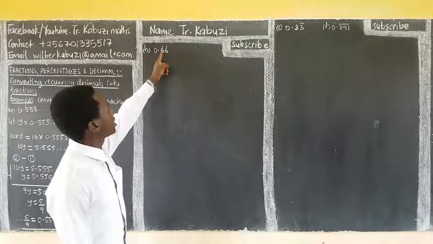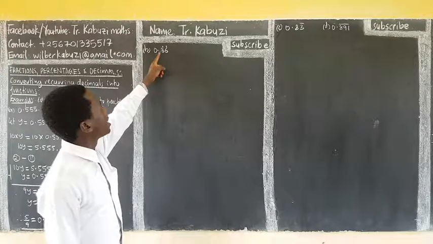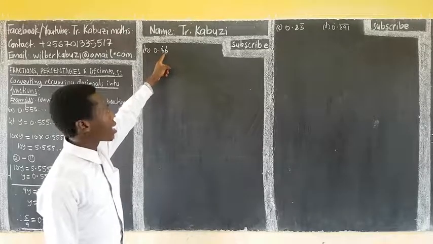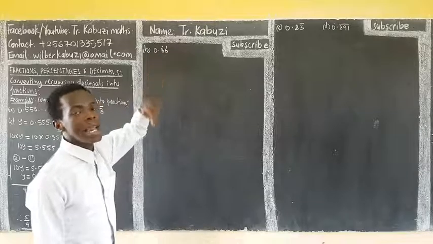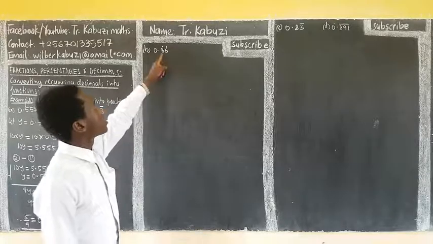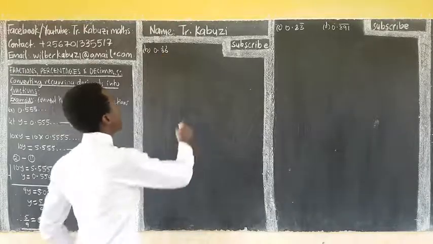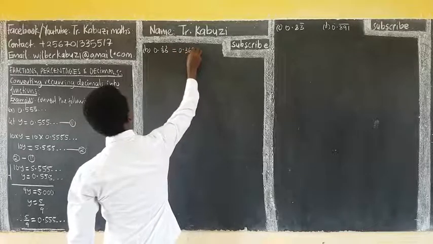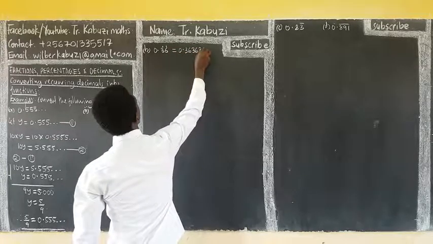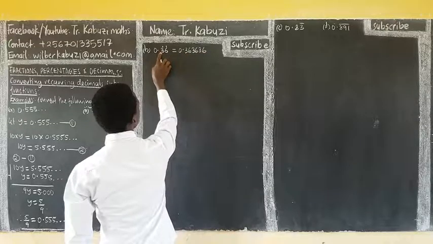Now, you see here we have a dot and a dot. That means that this is repeating and this is repeating. So there are two numbers repeating. Whenever you say dot, it means that number is repeating. So it's 3 and 6 that are repeating. So this is the same as 0.3636, because this is 36 repeating.